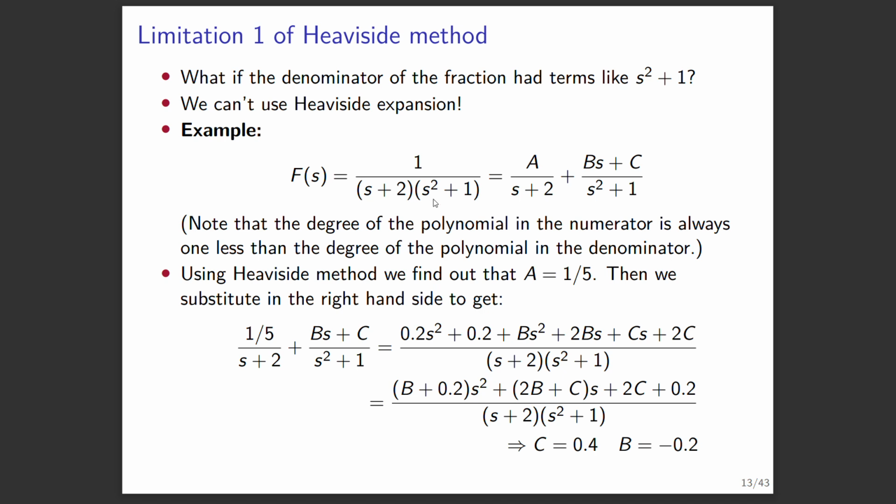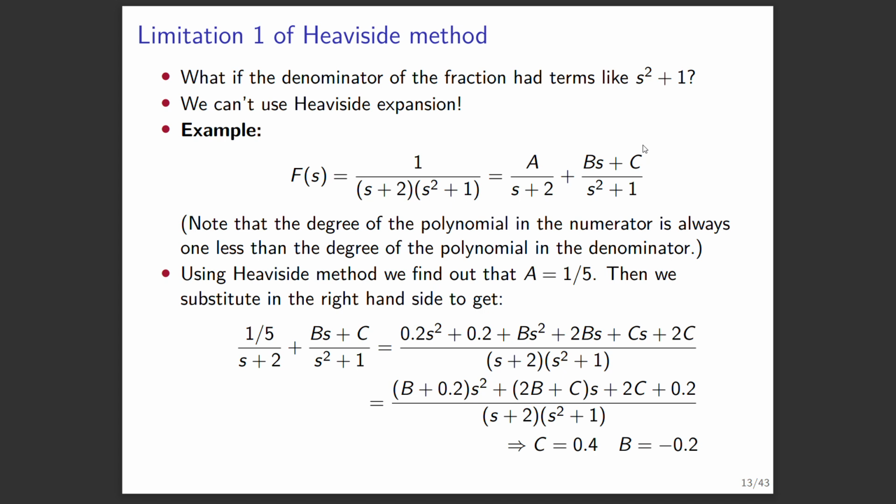If I have a term like s squared plus 1, what's going to happen is that I expect to have a fraction with s squared plus 1 in the denominator, which means that in the numerator, I could have bs plus c. Why am I going to have bs plus c and not just b?